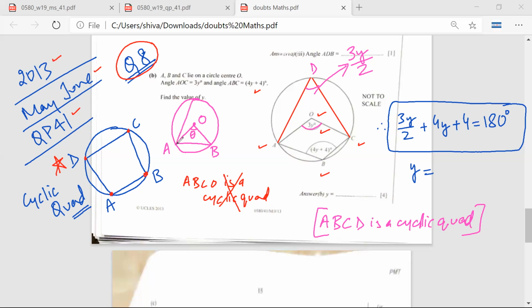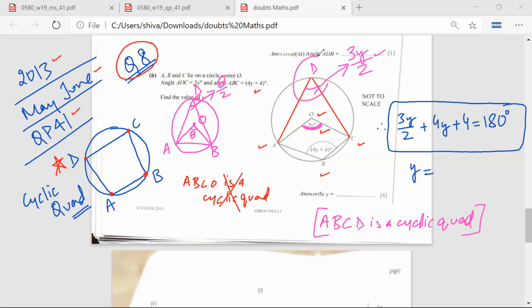So Mr. Shavang, what will be the angle ABD? Theta by 2. Mr. Rudra, any doubt? No, sir.